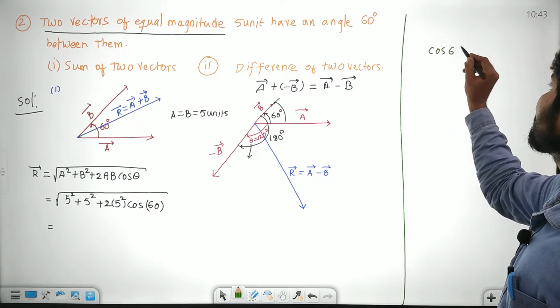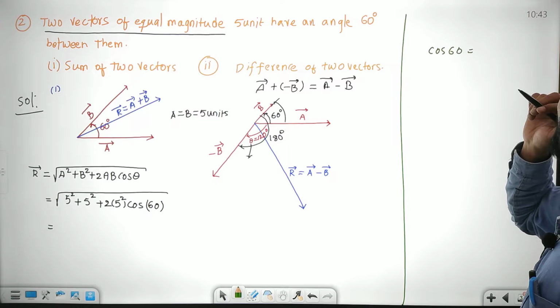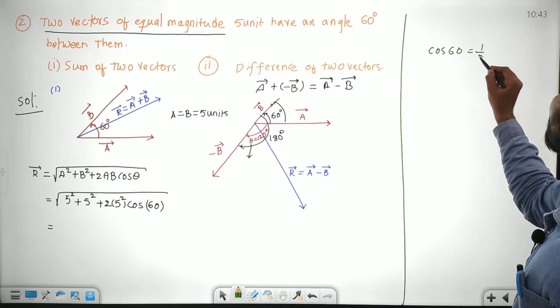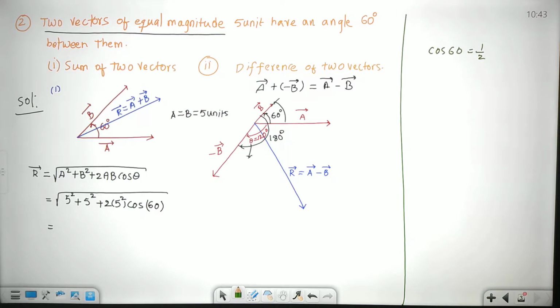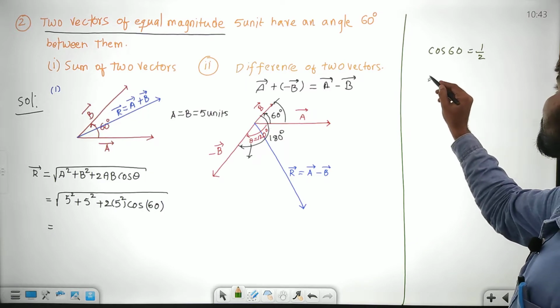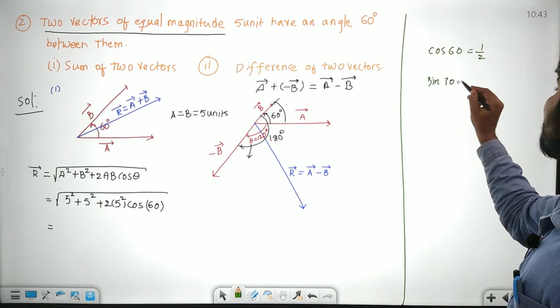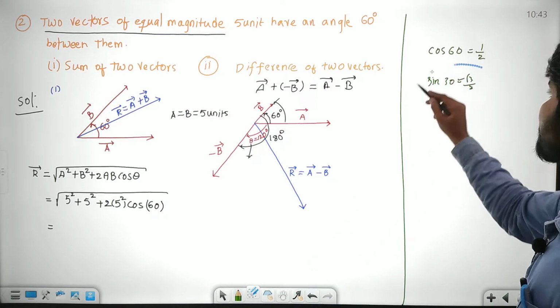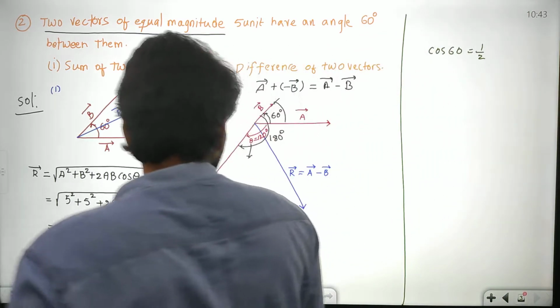So if you look into that, the cos 60 value comes as 1 by 2. Cos 60 is nothing but 1 by 2.